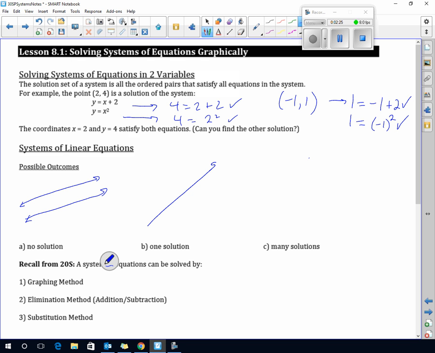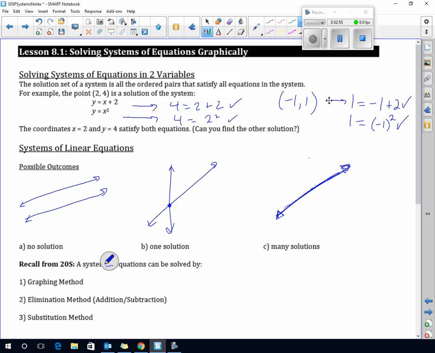And many solutions was one line, and it turns out that it ends up being the same line. The reason it's infinitely many solutions is that a line is just many points so close together that it forms that solid line. So all the points on that line are the solutions. If you pick any point on the line, it'll work when you sub it in.